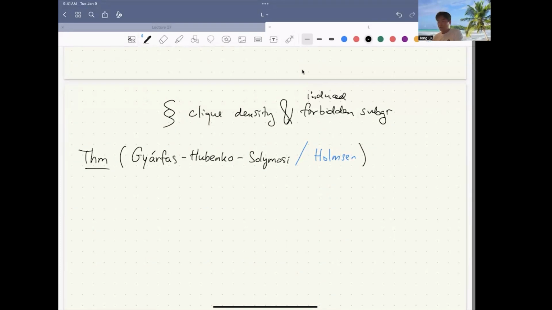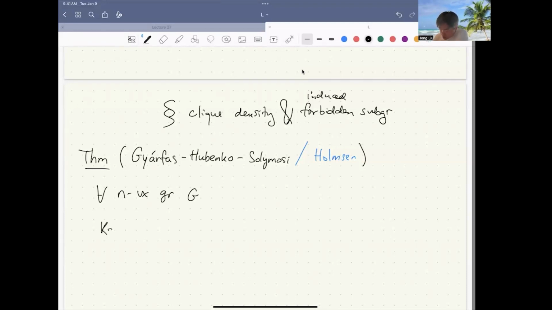Okay, so the original statement I write in black is for every n-vertex graph G with the property that your edge density is positive.